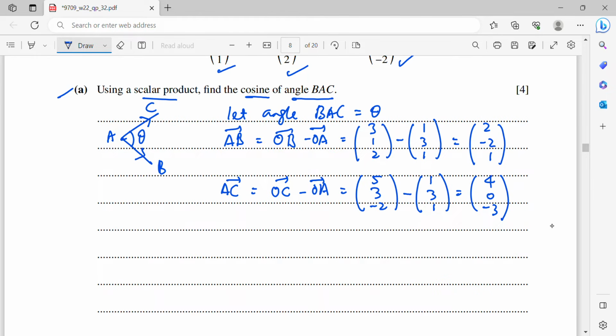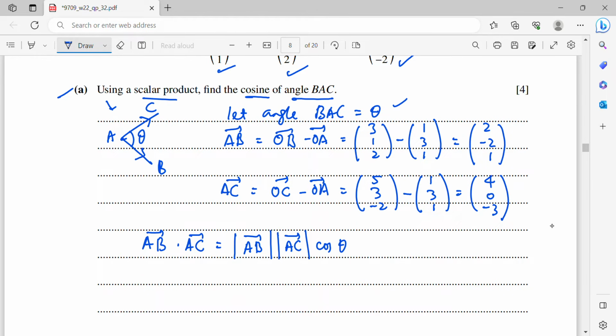Now based on this diagram, AB dot AC equals modulus AB times modulus AC times cos of the angle BAC. We let BAC be theta, so just cos theta.